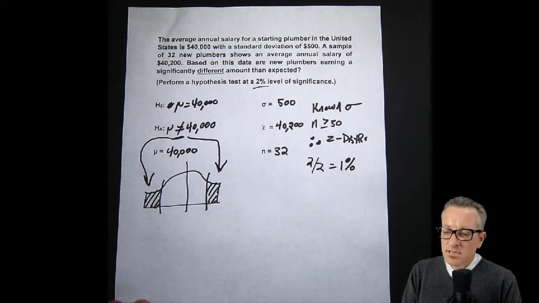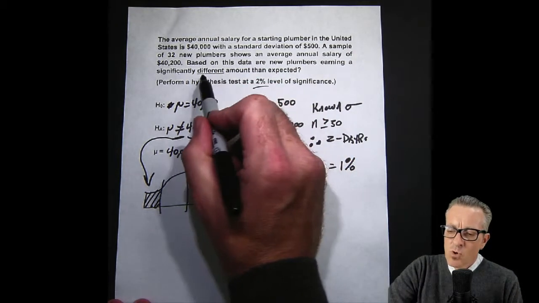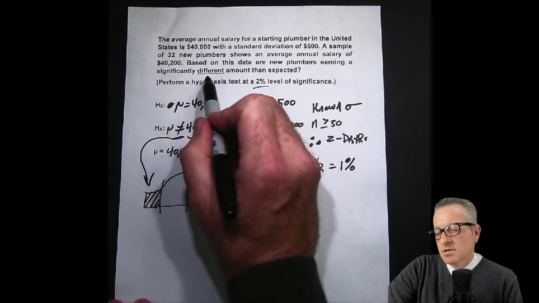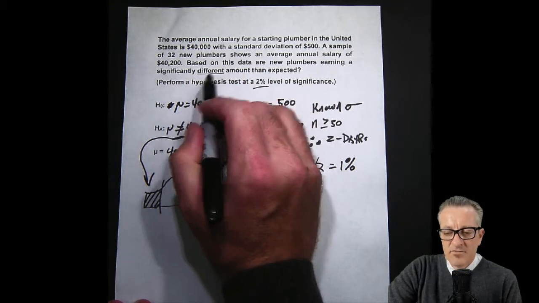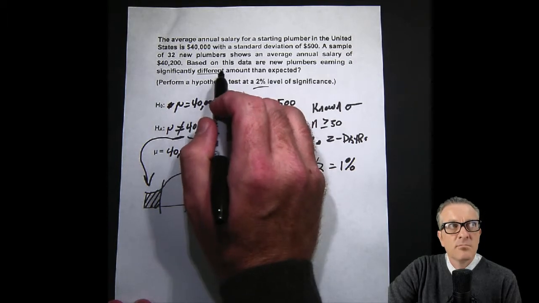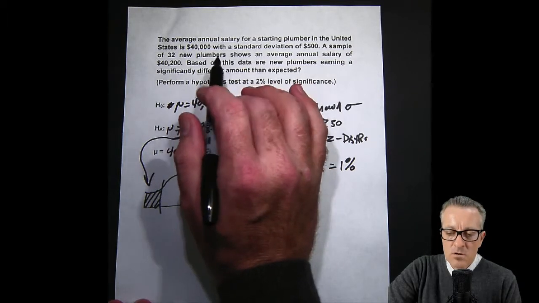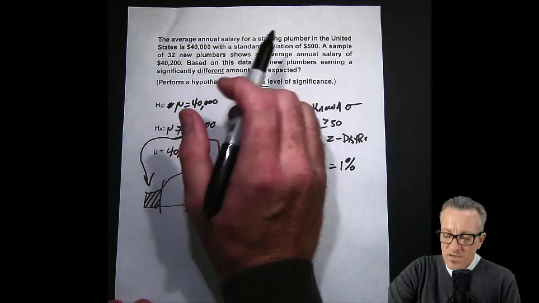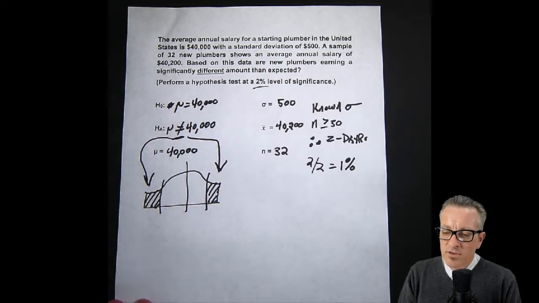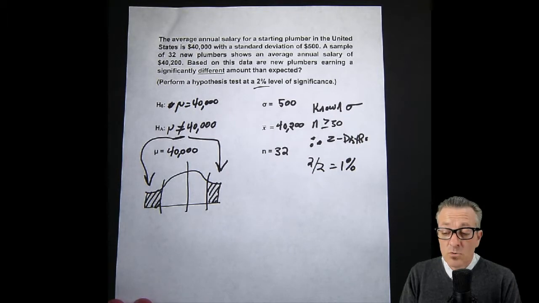It doesn't say more than or less than, it says something like different. And what that means is it's not the same as the status quo, it's not the same as the null hypothesis. So we know that it's a two-tail, which means the person doing the test technically wouldn't know which direction the results are going to go. Okay.